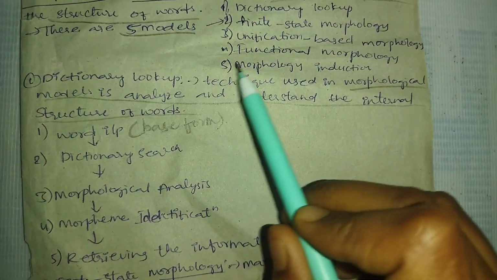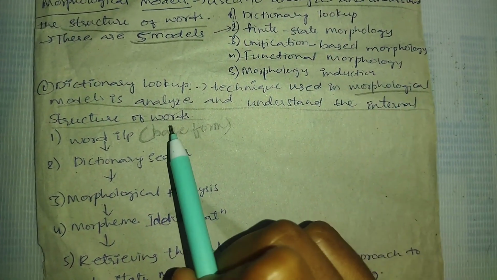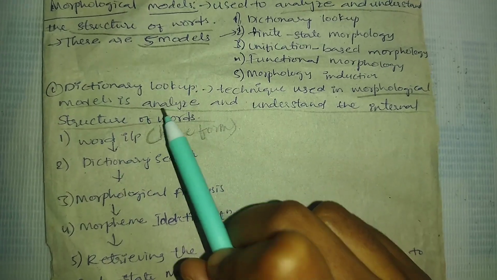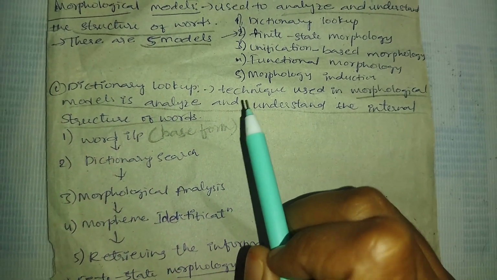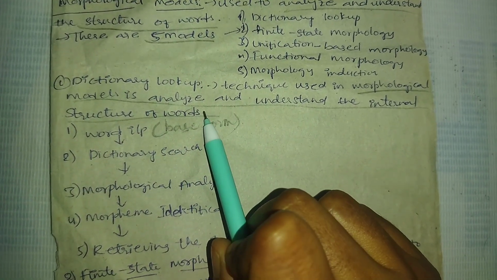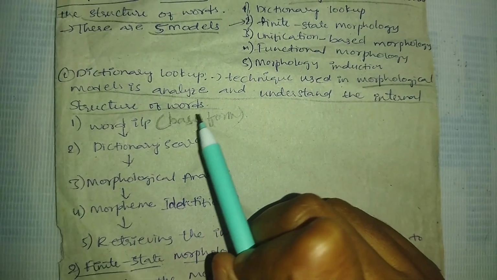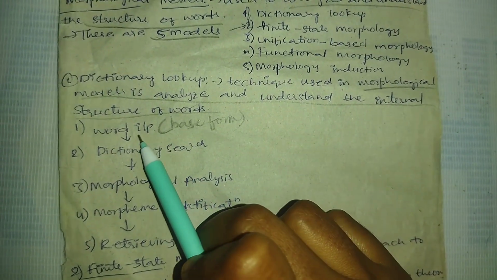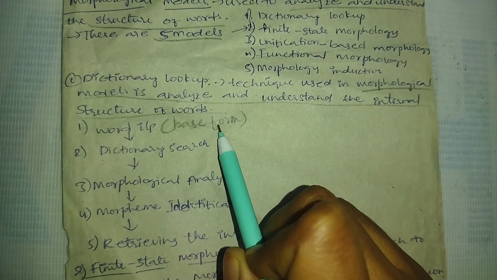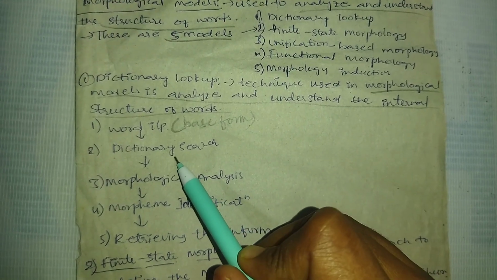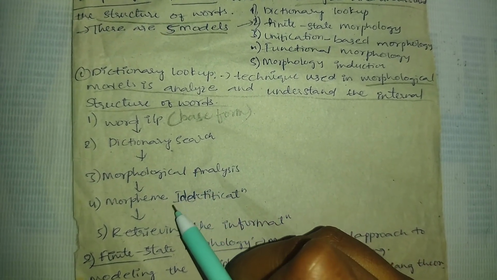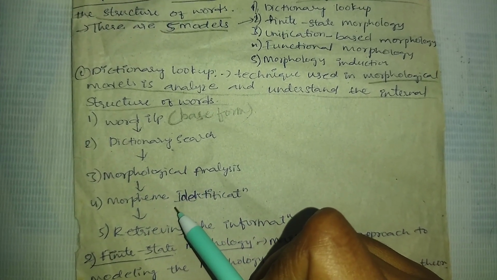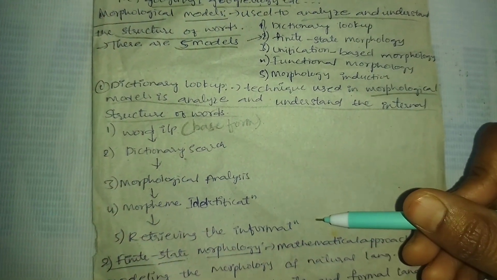The dictionary lookup technique is used in morphological models for analyzing and understanding the internal structure of words. We use 5 steps: word input as a base form, dictionary search, morphological analysis, morpheme identification, and retrieving the information.